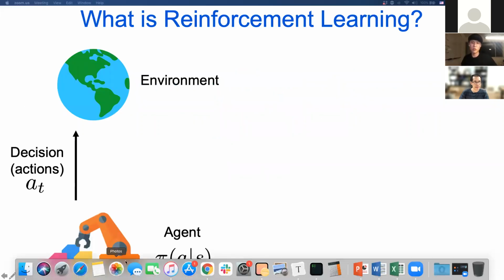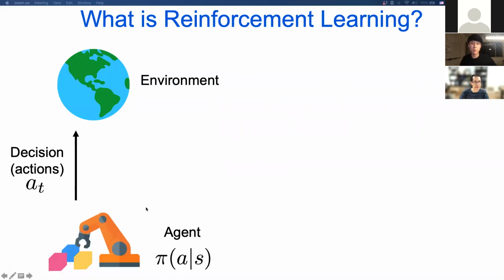First, to make sure that we are on the same page, let me briefly introduce what reinforcement learning is. Reinforcement learning is a framework to solve sequential decision-making problems. As shown in this figure, RL consists of an environment and an agent, and every time step, the agent produces some decision based on the current state.